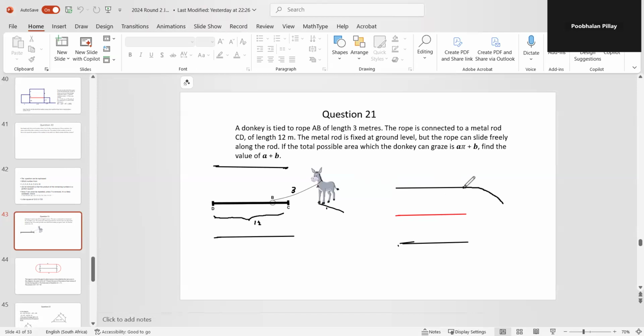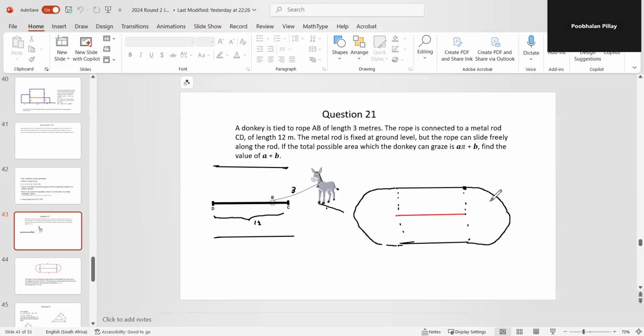It's not going to be very accurate, but you're going to have a thing like this. And then here too. And this is a semicircle. It starts here. Right, so the area in which the donkey can graze is enclosed by this black line.